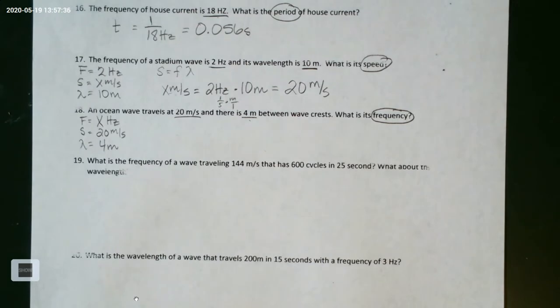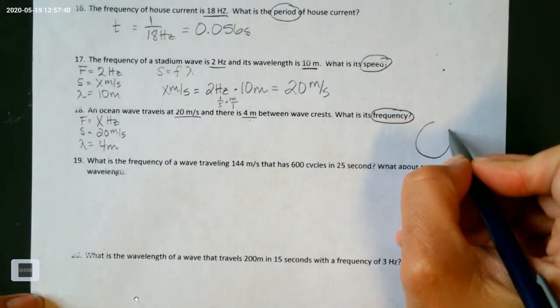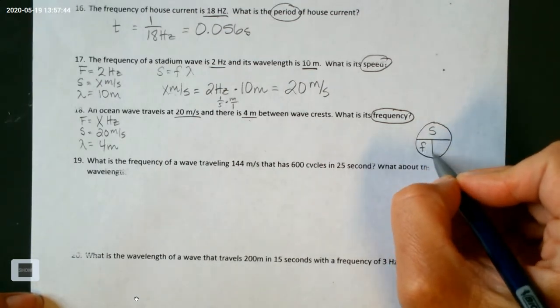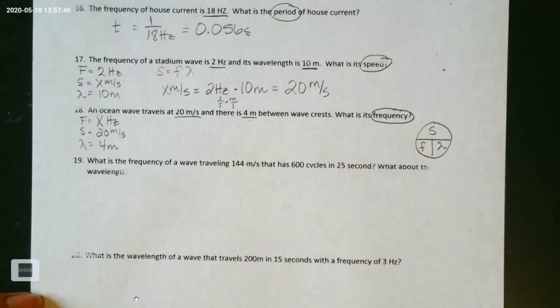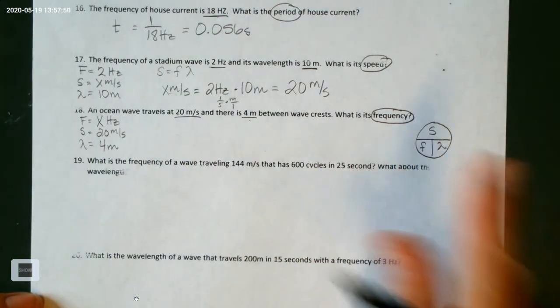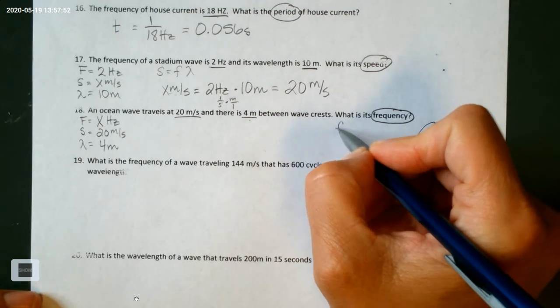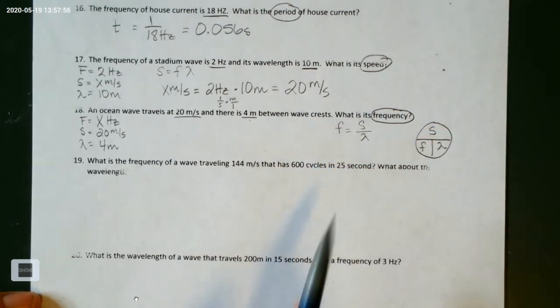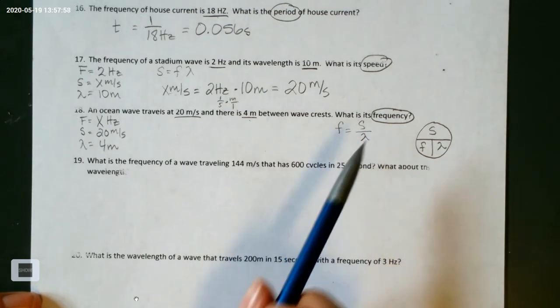So if we're looking at our original equation, remember we do have a circle that is speed on top, frequency and wavelength on bottom. If we're looking for frequency, we're going to cover up F and get speed divided by wavelength. So frequency equals speed divided by wavelength, and that's the equation we're going to use to find frequency.